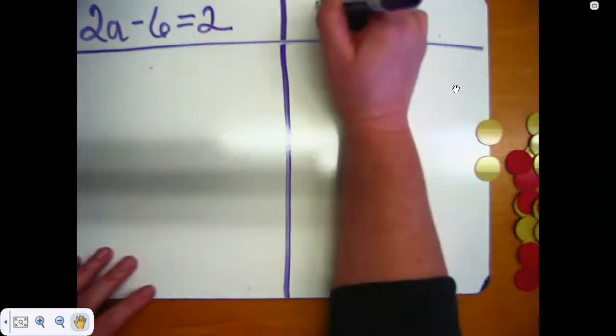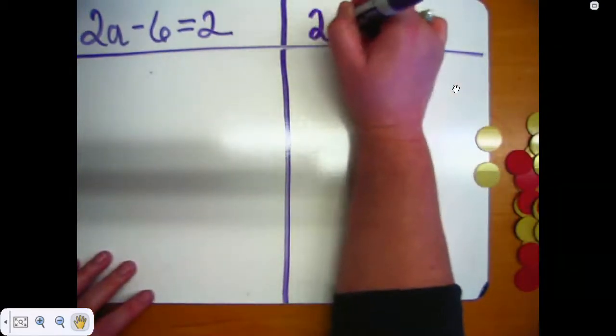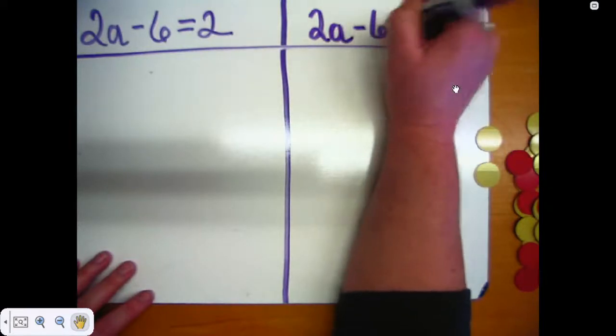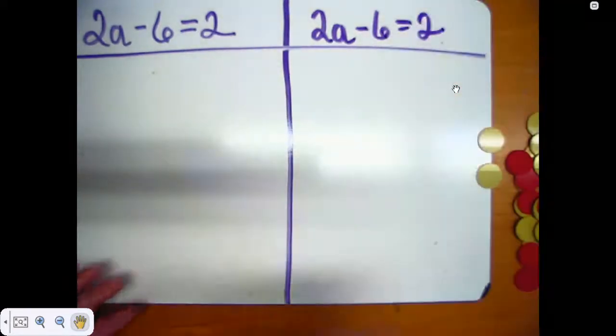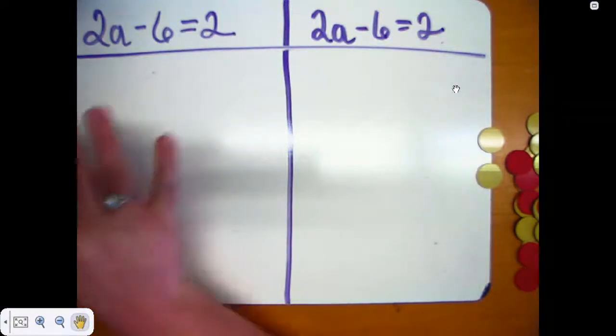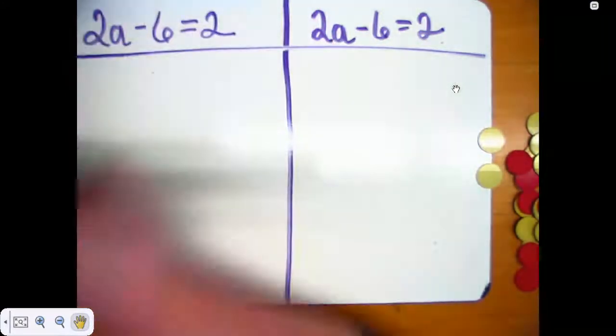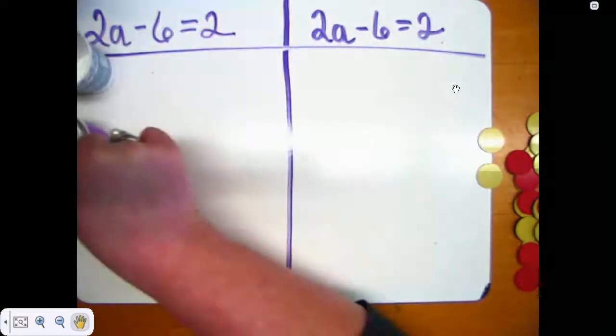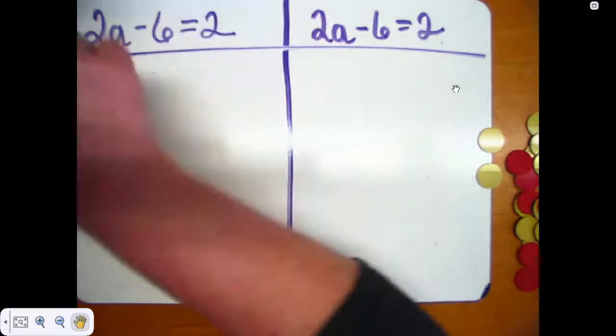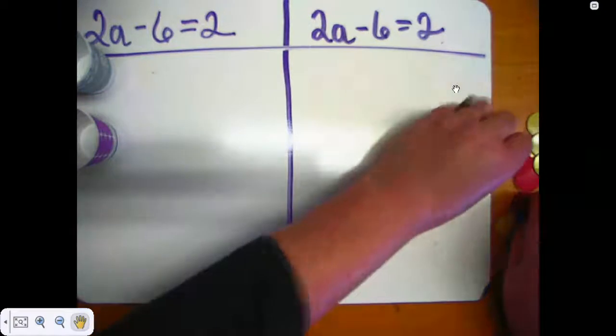And I'm going to write the same problem on this side. 2a minus 6 equals 2. Okay, so on this side I'm going to do it with cups. So I would have 2a. And I would have negative 6.